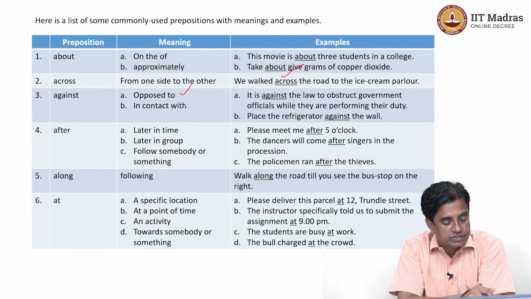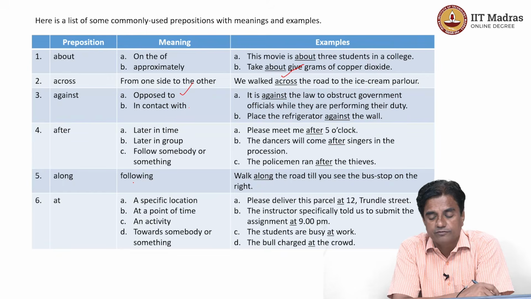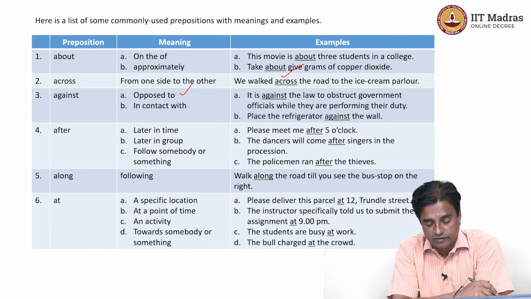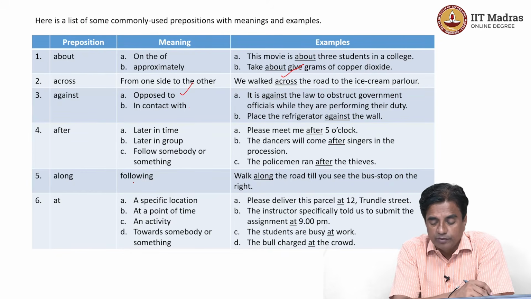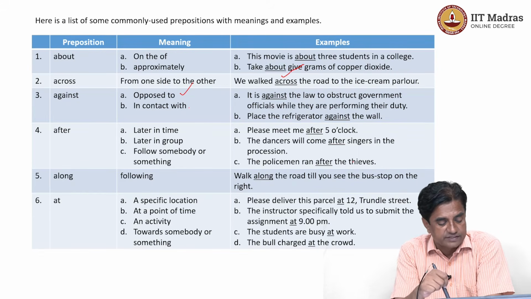After is used in terms of later in time, later in group, or following somebody or something. Like when you say, meet me after 5 o'clock. So that's about time. The dancer will come after the singer in the procession. The policeman ran after the thieves. So it's in the sense of following.